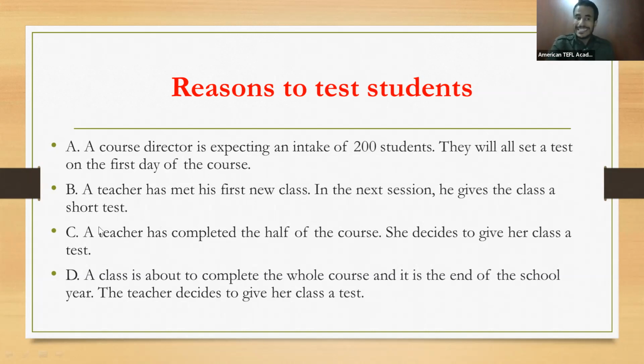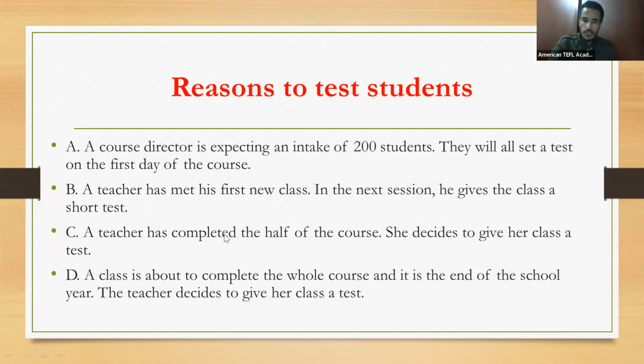What do we call this test? And this test is the second reason. C, a teacher has completed half of the course, so she decides to give her class a test. What do we call this type of test? And number 4 is the teacher decides to give her class a test once she completes the whole course.